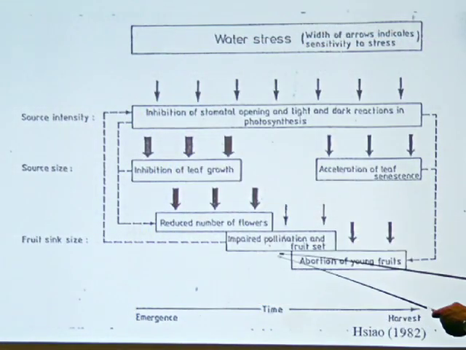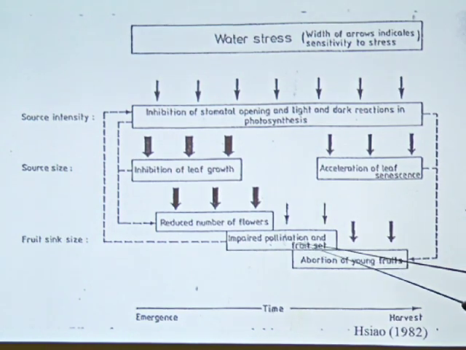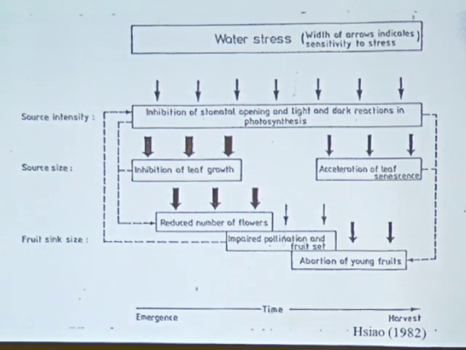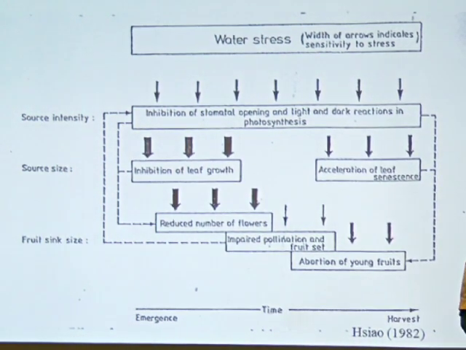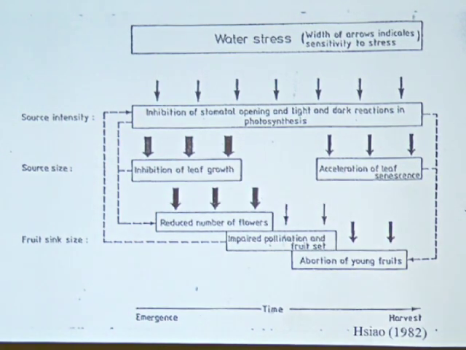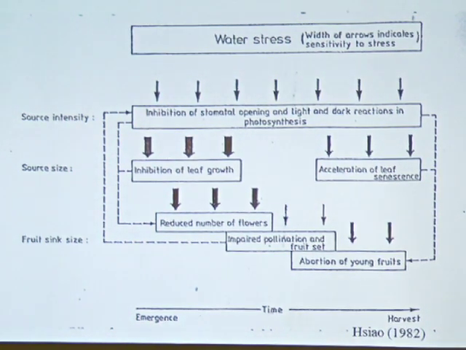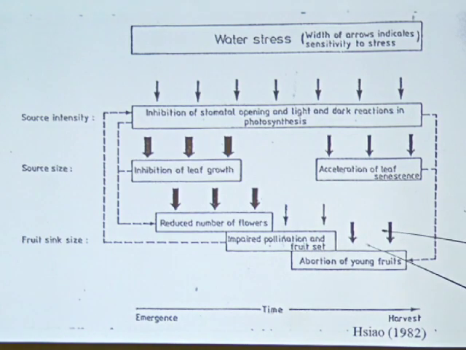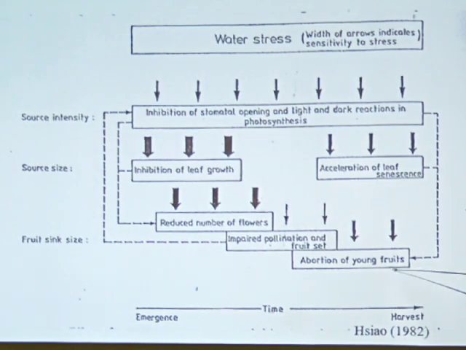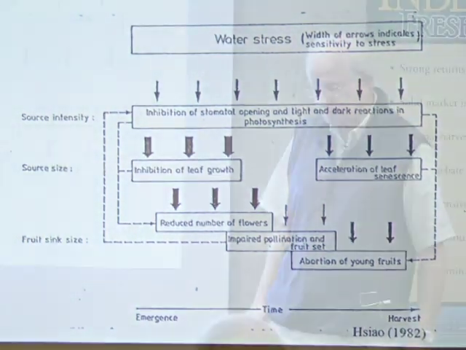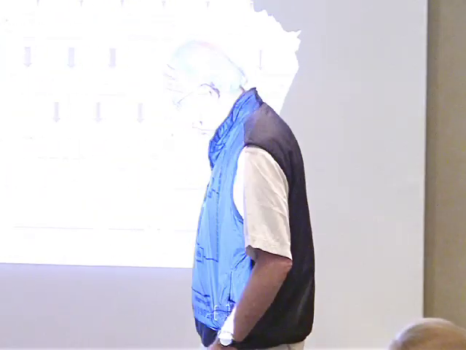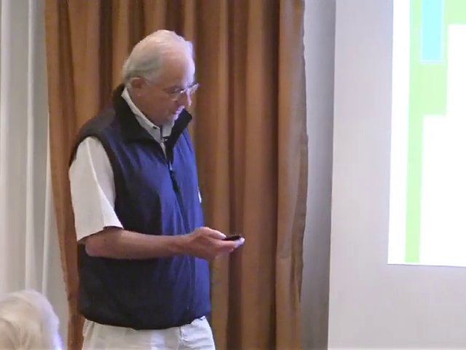Here you also have impaired pollination and fruit set because flowers are extremely sensitive to water deficits. So you ought to remember that. And then there's also the issue of abortion of young fruits. We'll maybe talk about that a little later when we show you another piece of the presentation.